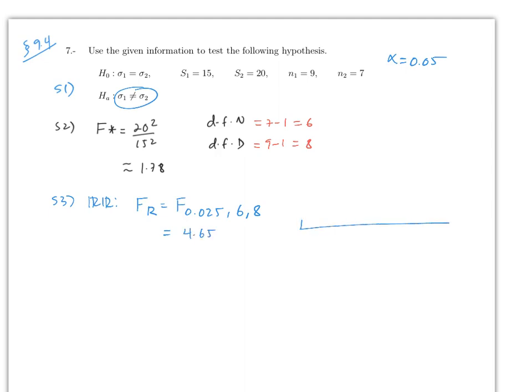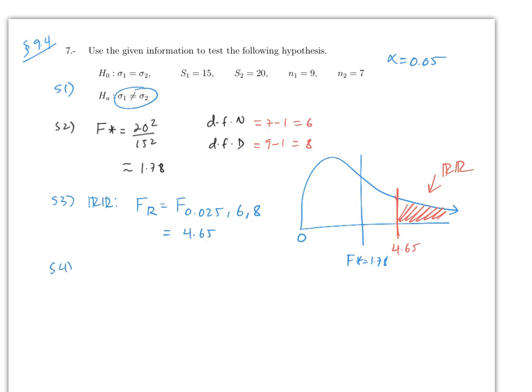Draw the rejection region. Remember that F, just like chi-square, is not symmetric and starts at 0. In this case, the rejection region is 4.65, so anything in here will be rejected. F star happens to be 1.78, which is not in the rejection region.